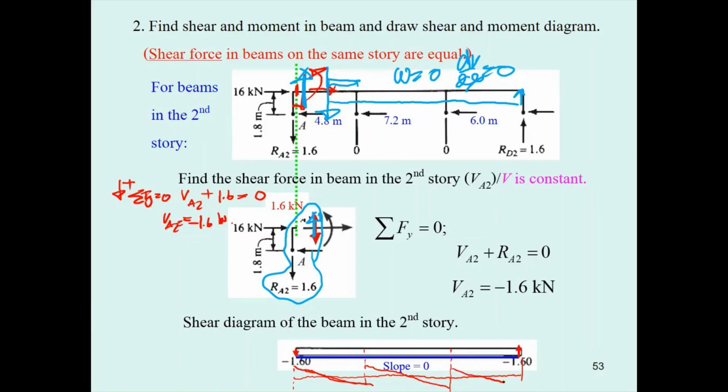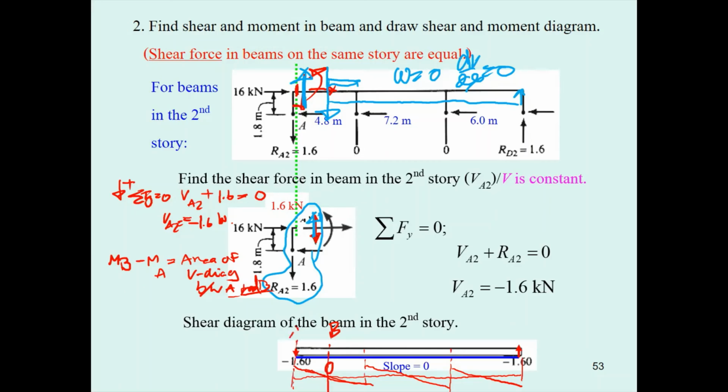Then we come to the equation to determine the moment. Moment at B minus moment at A equals the area of the shear diagram between A and B. So if this one is B, the shear here is 0.